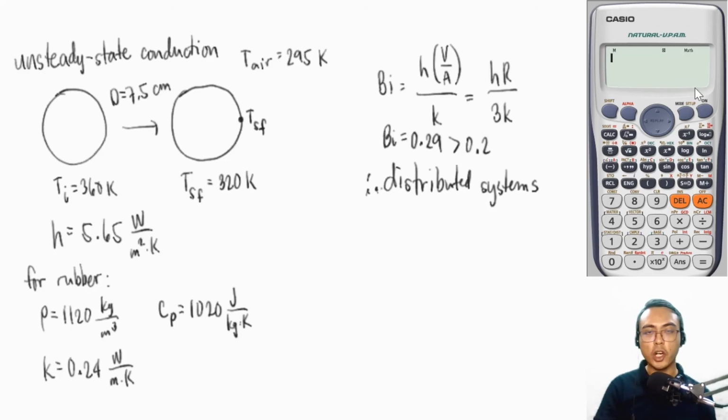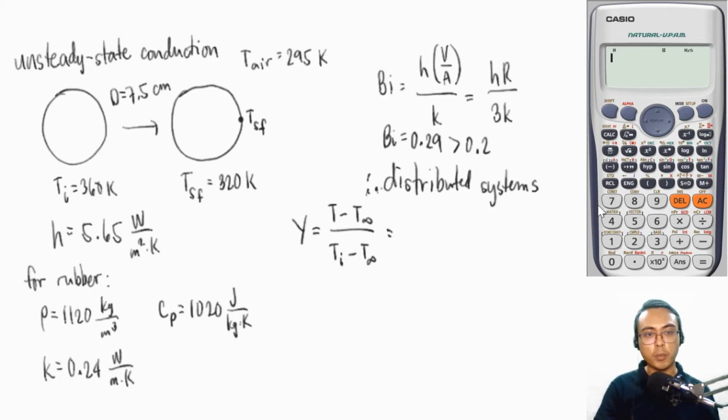For the use of the Gurney-Lurie charts, we have 4 parameters that we have to consider. The first of those parameters is Y, or the unaccomplished temperature change. This is simply the temperature at any point at any time minus the temperature of the surrounding fluid, that is the infinity, over the initial temperature minus the temperature of the surrounding fluid.